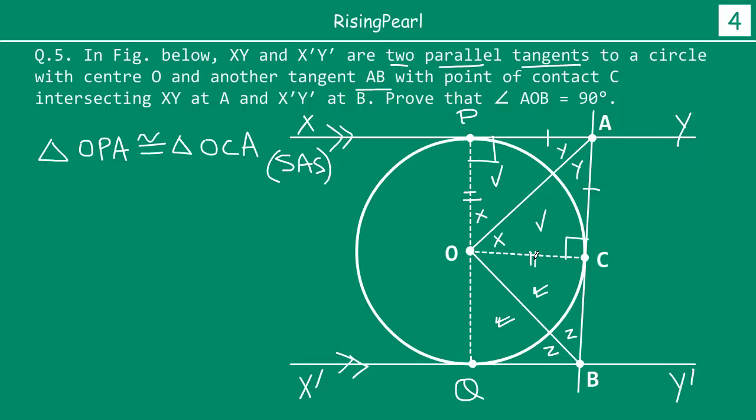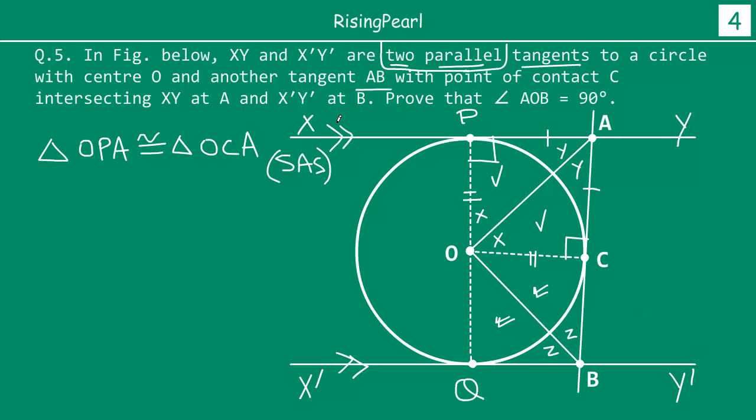Now if you look at this line AB, this is where we are going to use the information that the two lines are parallel tangents. That is, XY and X dash Y dash are two parallel lines.